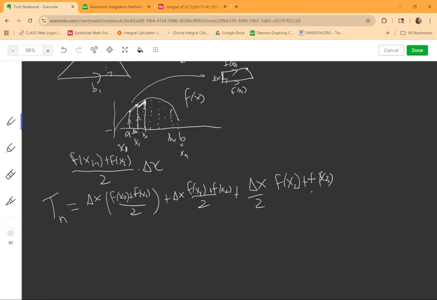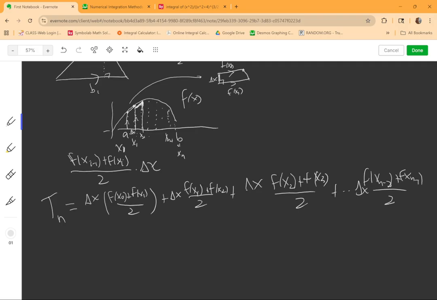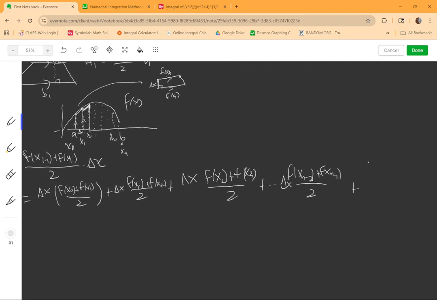And we're going to continue doing this, where we'll have f of x sub n minus 2 plus f of x sub n minus 1, over 2, delta x. And then lastly, till we get to the end, f of x sub n minus 1 plus f of x sub n, over 2, delta x.